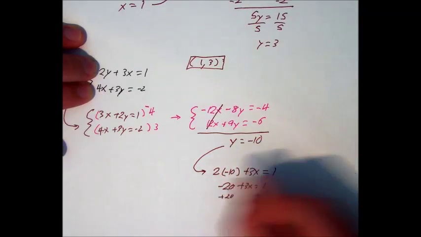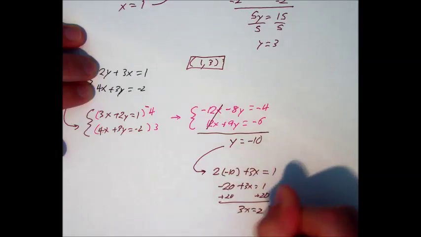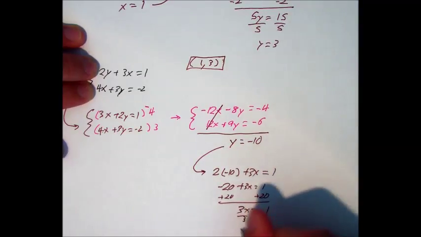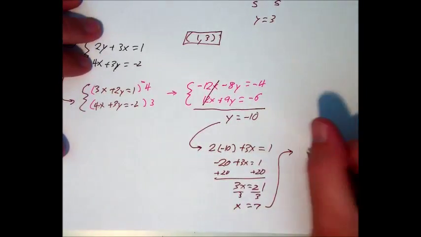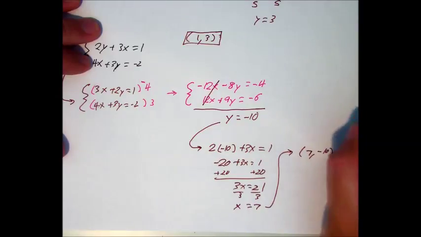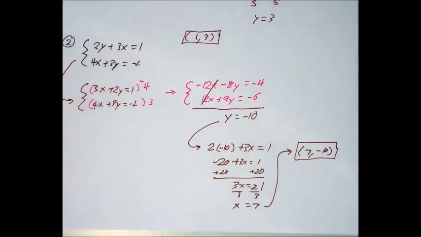Add 20. 3x equals 21. Divide by 3. X equals 7. So our final answer is x comma y. And in this case, remember that this is where the two lines cross, and that is elimination method.